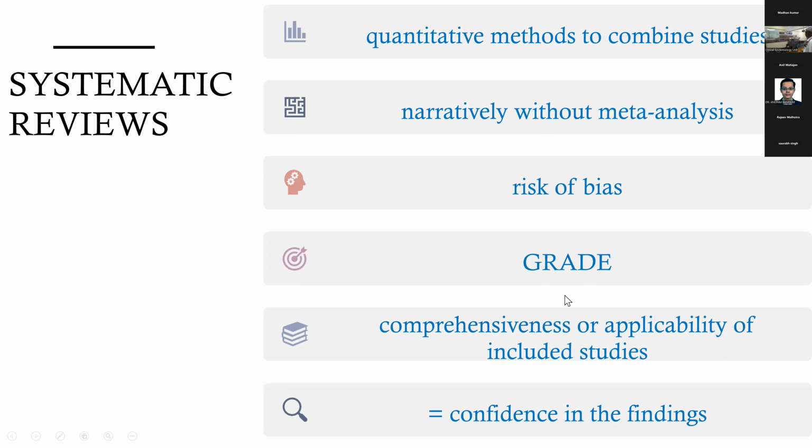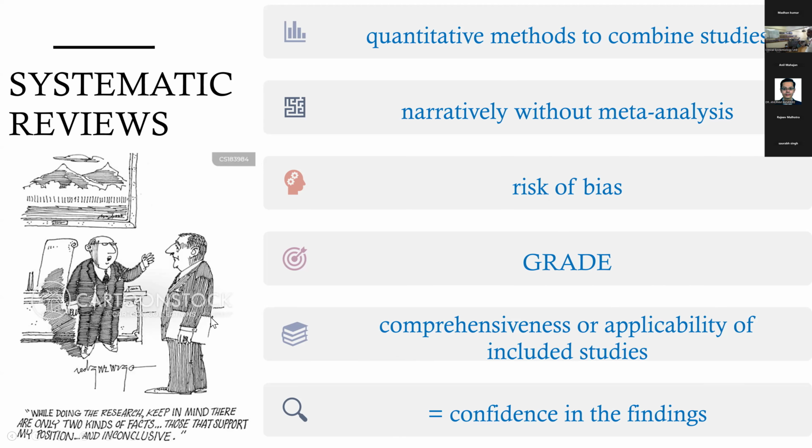Again, some people use grade, some people use another methodology to look at the overall evidence, the quality of the evidence in a systematic review. And then we must look at the comprehensiveness or applicability of the included studies. And then you finally say that I am confident in my findings or not confident.